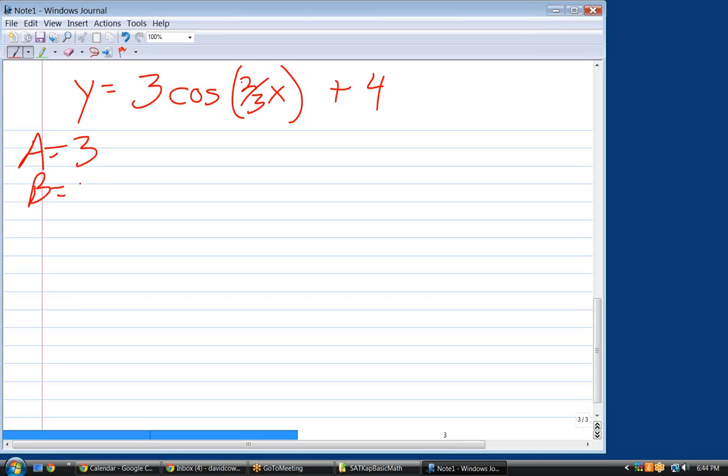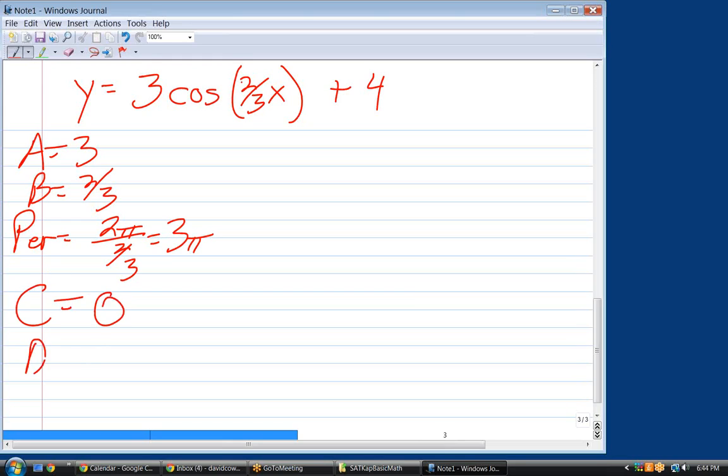B is 2/3, which makes the period 3 pi. And C is 0, no phase shift. But there's a vertical shift of 4.